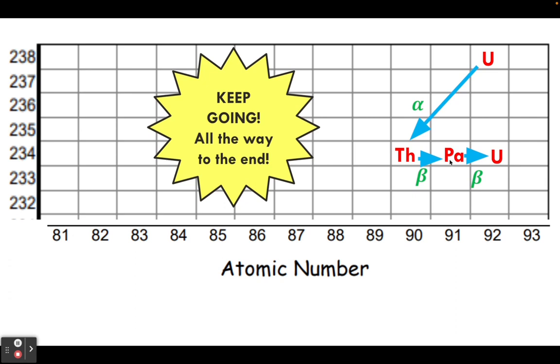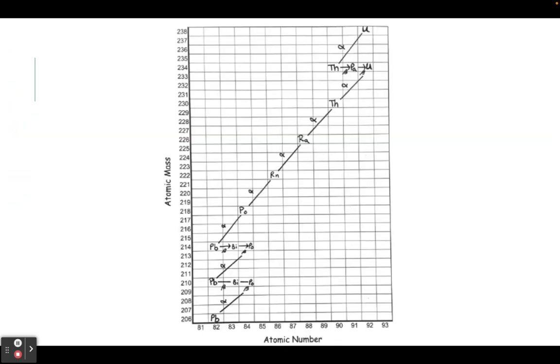Okay, welcome back. So you finished, and so let's see how you did. Your graph paper should look like this, right? So here's where we stopped. And so we had a series of alpha decays, right?